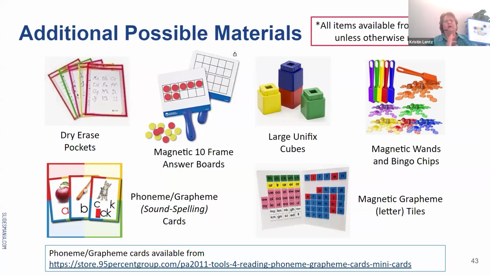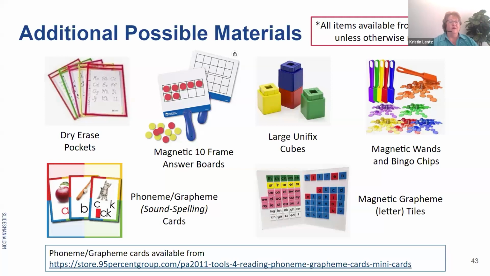You'll notice it works fabulously as a Phoneme-Grapheme mapping tool as well. Our Unifix cubes can be great either as tokens for the mapping or for putting together and separating those phonemes. I mentioned our magnetic wands and the magnetic bingo chips, which can be great for zapping or blending.